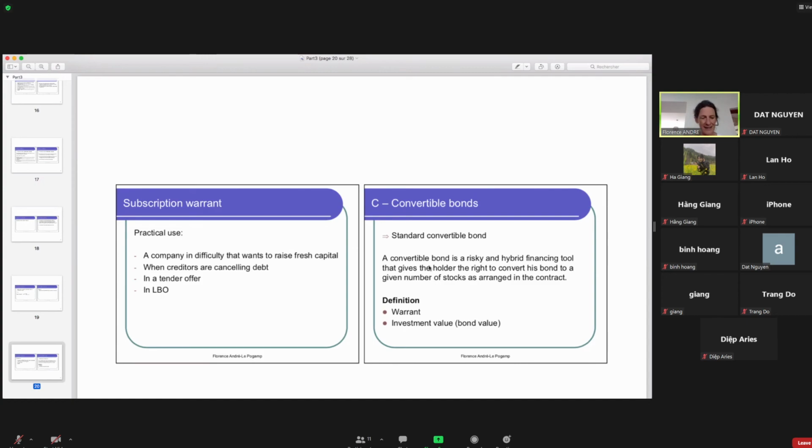So in terms of valuation for standard convertible bonds, we say that a convertible bond is a bond plus a call option, okay?